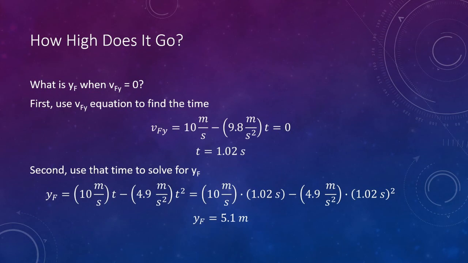And when we solve for the time, we end up with time is 1.02 seconds. Then we can insert our time into the y position equation that we identified earlier. And when we punch through the numbers, we end up that our final y position is 5.1 meters. That's how high it goes.